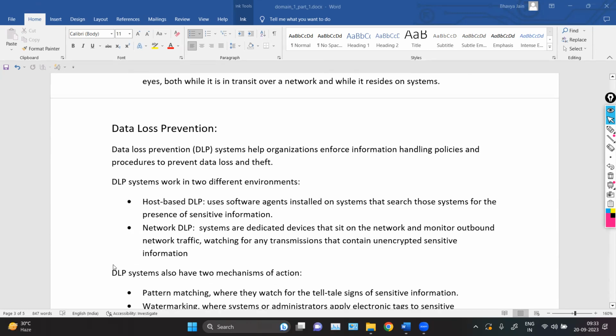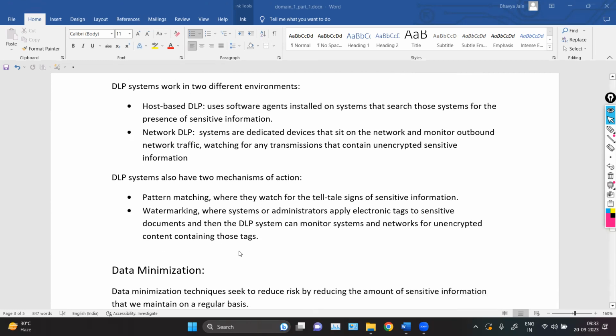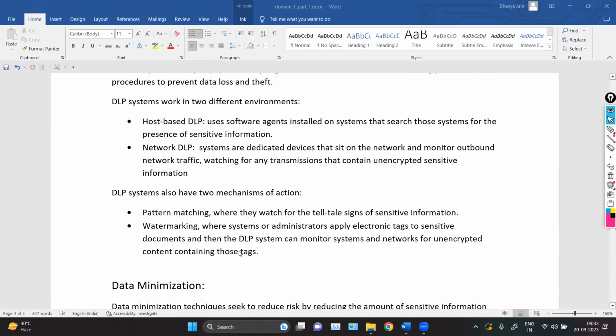Then we have data loss prevention. In this we look at how we can take initiatives to prevent data loss. We have two systems in DLP: host-based and network. Host-based looks for the systems which contain sensitive information, and network looks for network traffic which is unencrypted, like which system is using an unencrypted channel.